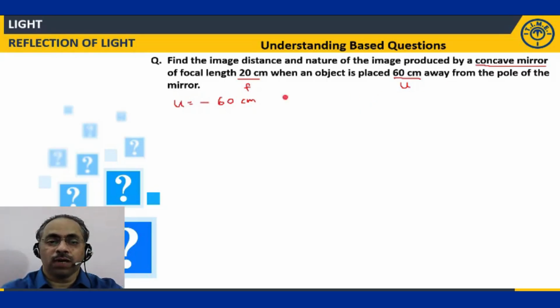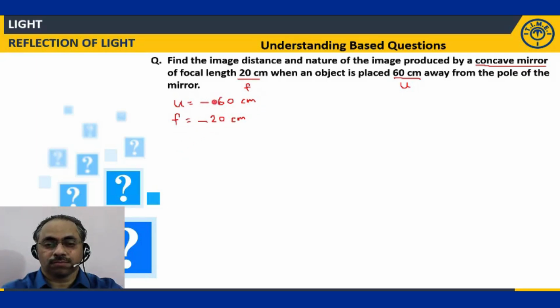Clear? Focal length 20 centimeters, so F is equal to 20 centimeter. Now you tell me whether it is positive or negative. Concave mirror, right? So it is negative only. You will measure from the pole towards the principal focus. So it is negative. Clear?